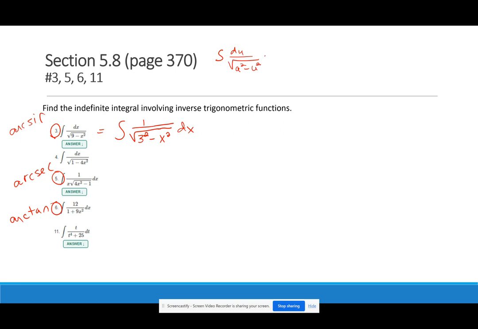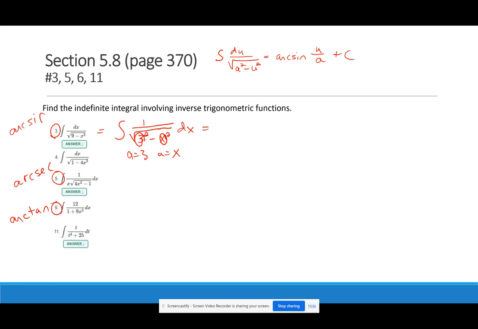Doing that turns out to equal arc sine of u over a plus c. So when I'm looking at this, the u is really just an x, and the derivative of it would just be 1. So I'm safe in just going ahead and applying the formula. I think you can tell by comparing it to the formula that a is 3 and that u equals x and that it fits that pattern.